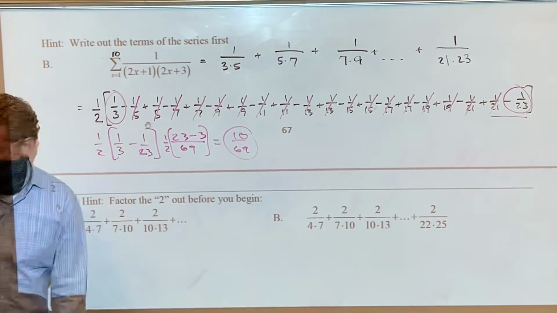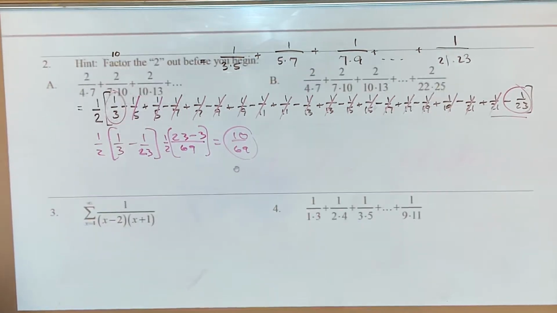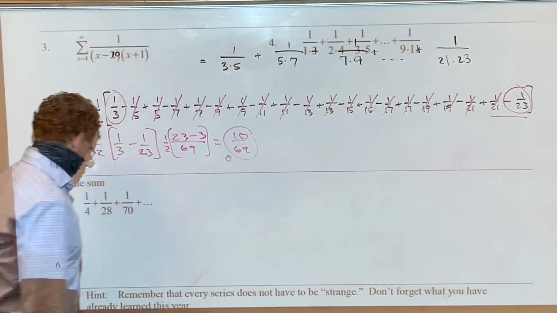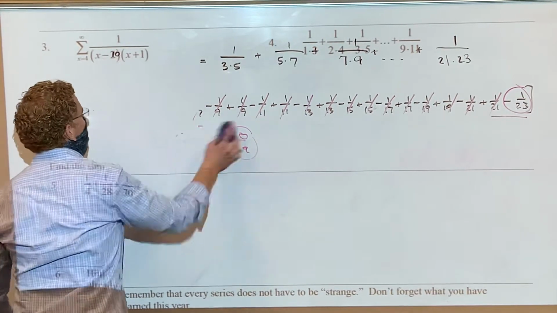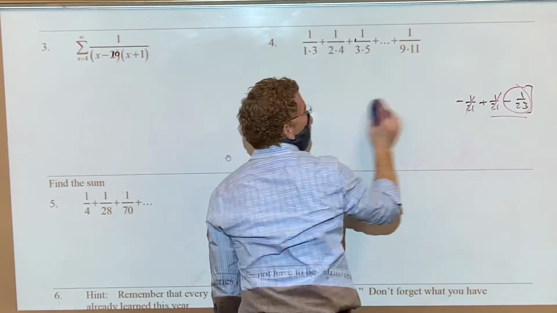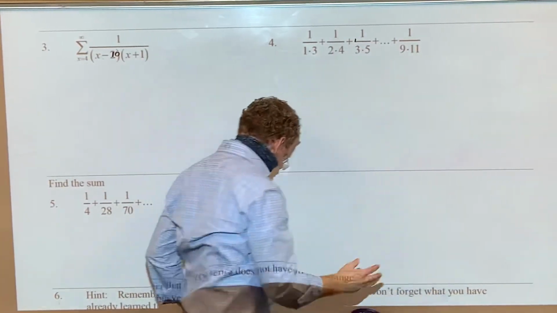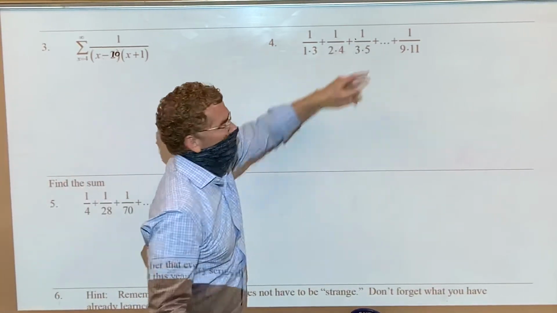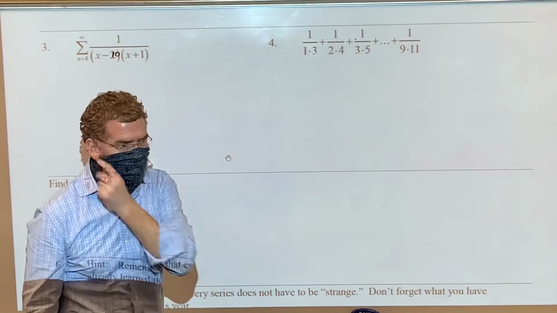So let me show you something else. Okay, check out number 4. So number 4, it's finite, doesn't go forever. So let's see if we can figure out the pattern. What goes out in front? 2.